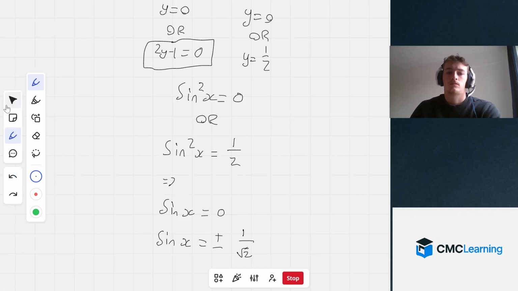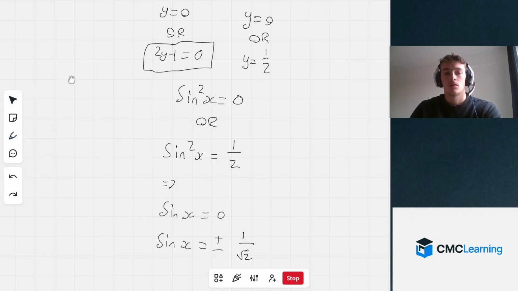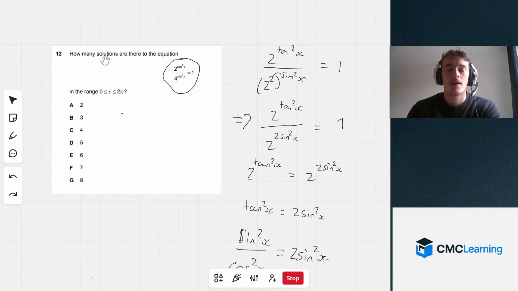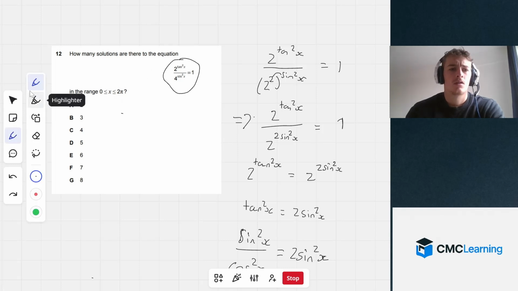Now we must remember the question isn't asking us for the solutions. If we scroll back up, it's asking how many solutions there are to the equation in this particular range. If you're confused about this, it's equivalent, if you prefer working in degrees, to x less than or equal to 360 and greater than or equal to 0.